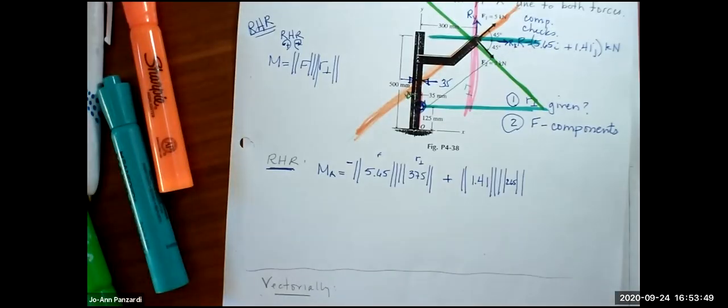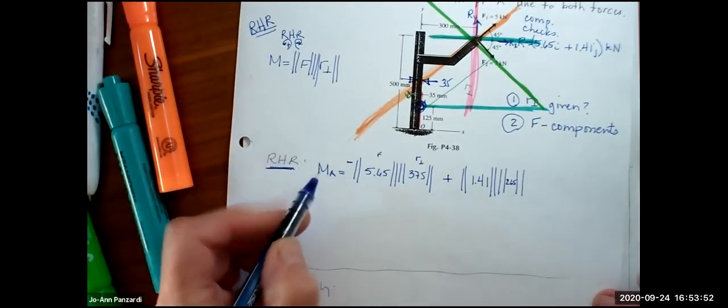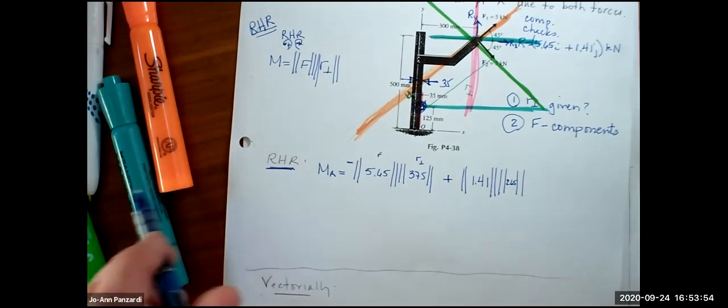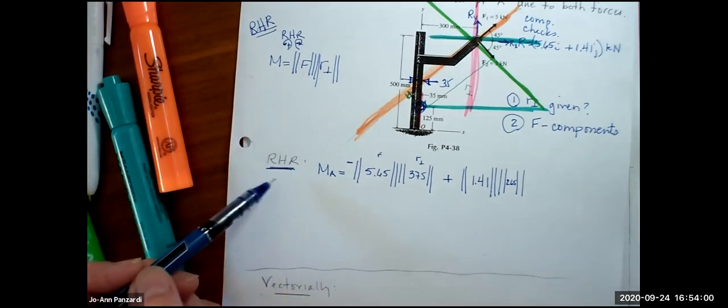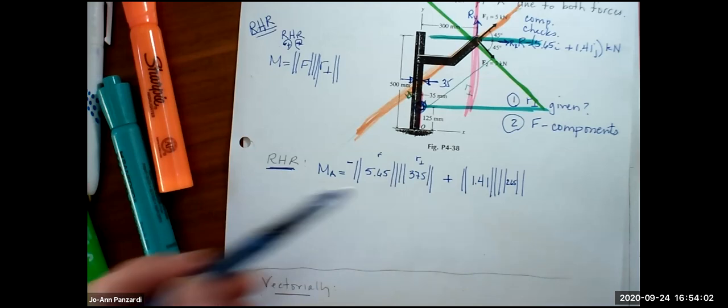Can I have a question? Yes. Why did we reverse the order of R and F? Like, what's for the right-hand rule? Why is that reverse? The vectors are R cross F. So we always do R first, then F. The question really is, why in right-hand rule do we do the force first?